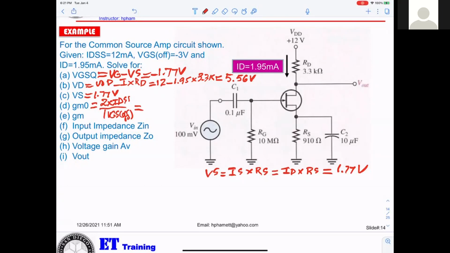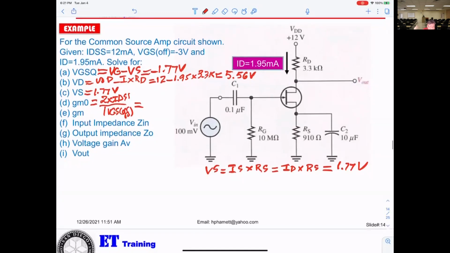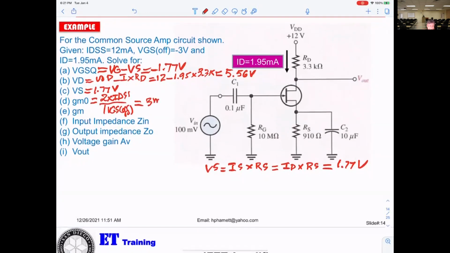Sorry. So one student got 3 millisiemens. Anyone get a different answer, let me know. Then you can tell me GM on number E. The formula GM will be GM0 times 1 minus VGS.